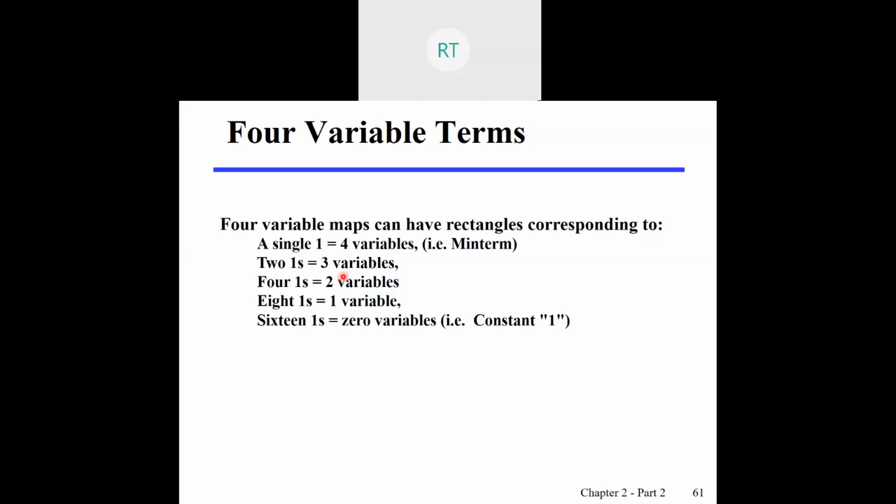Two ones will give you 3 variables. Four ones will give you 2 variables. Take 8 adjacent ones, the answer will be only 1 variable. And if you have all 16 to be 1 or 0, it's either going to be constant 1 or constant 0, depending on if you have ones in the 4 variable k-map or zeros.